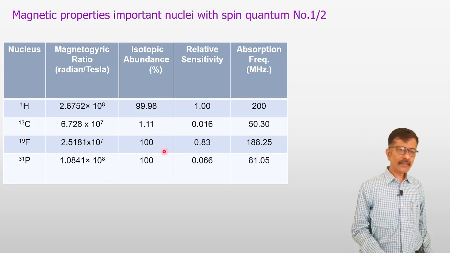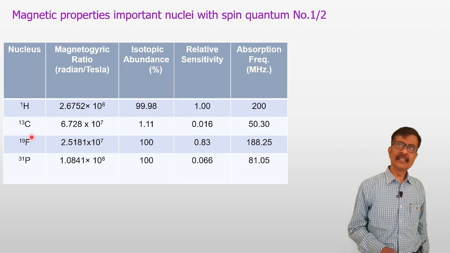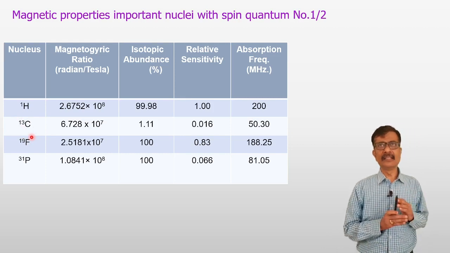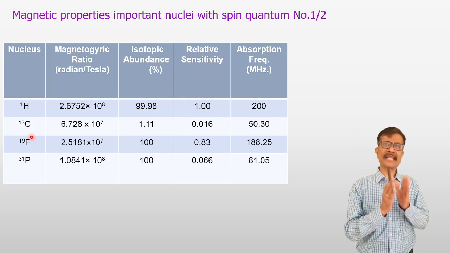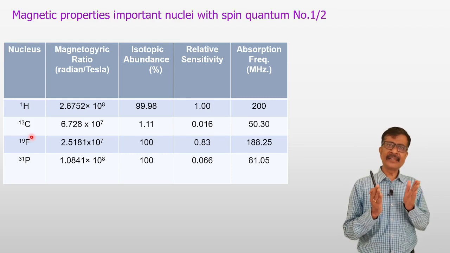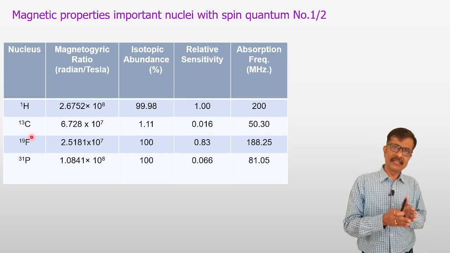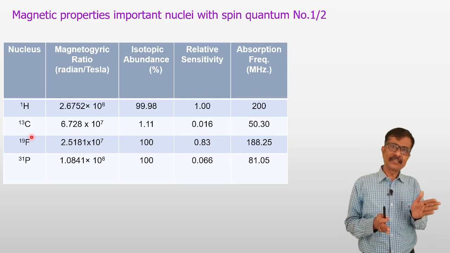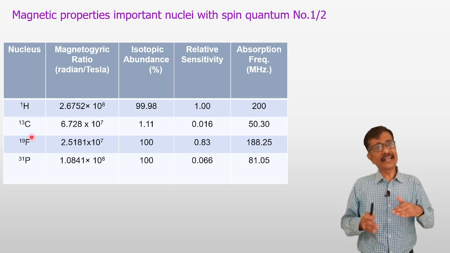Now if we consider the regular isotope of carbon, that is C12. In C12, the mass number 12 is even. The atomic number of carbon is 6. So in case of C12, mass number 12 is even and atomic number 6 is again even.